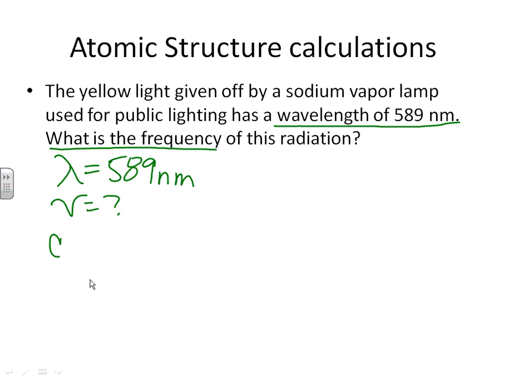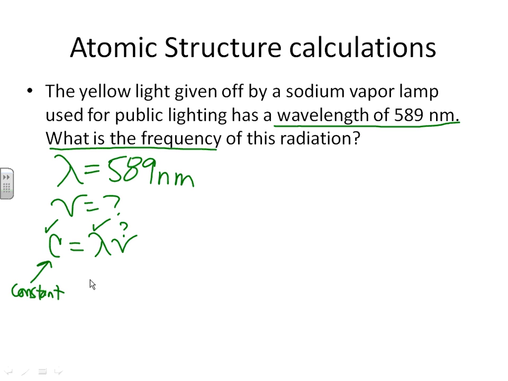We have an equation that relates lambda and nu, and that's c equals lambda nu. And we can solve for it because c, remember, is a constant. It's always going to be 3 times 10 to the 8th. So we know this number. We know this number, sort of. And we're solving for nu, well, we can do that.